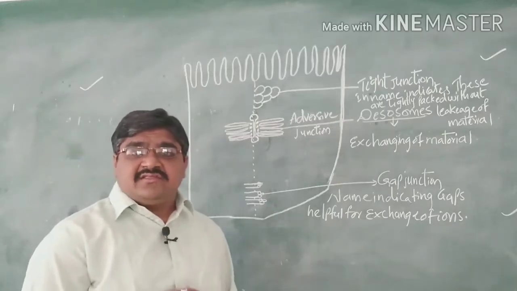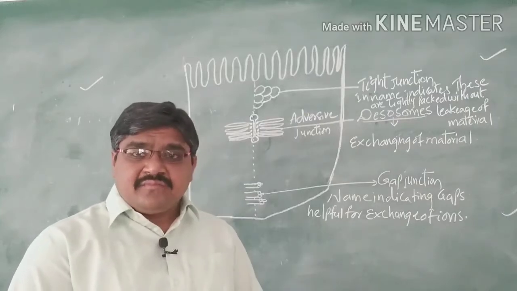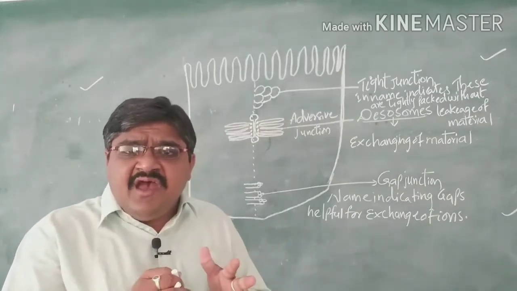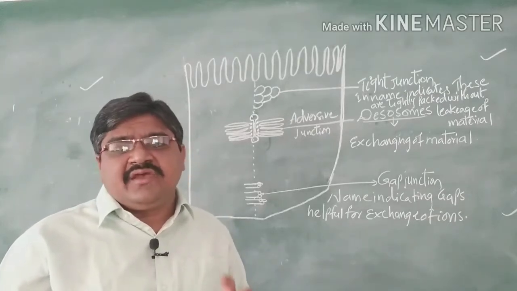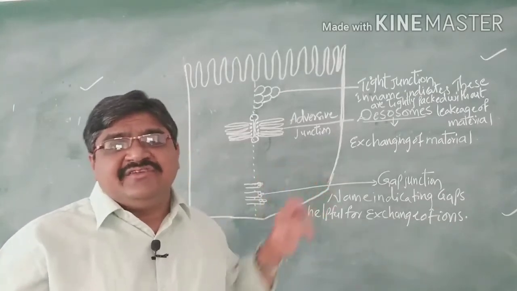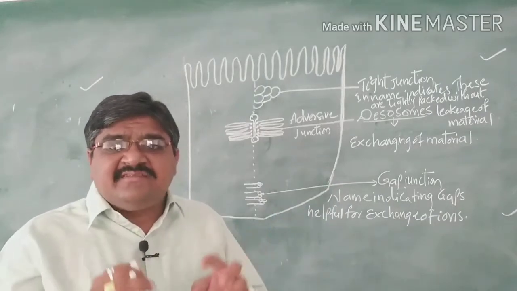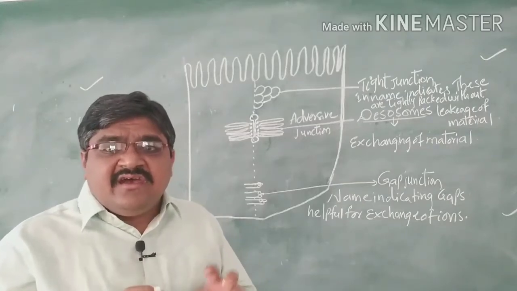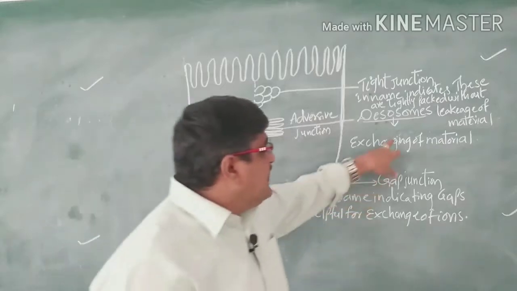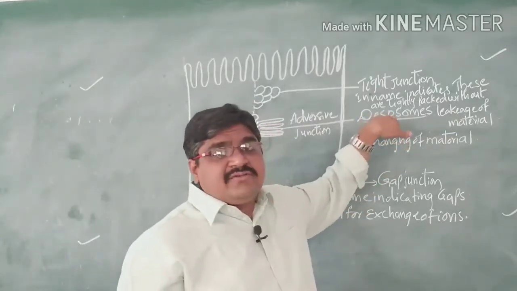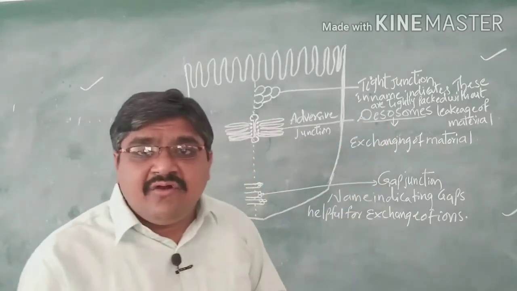So there are three types of junctions. One is tight: the cells are tightly packed with one another without any leakage of materials, so we call them tight junctions. Adhesive means attachment: the cells are attached and connected with specialized proteins called desmosomes, which help in the exchange of materials.